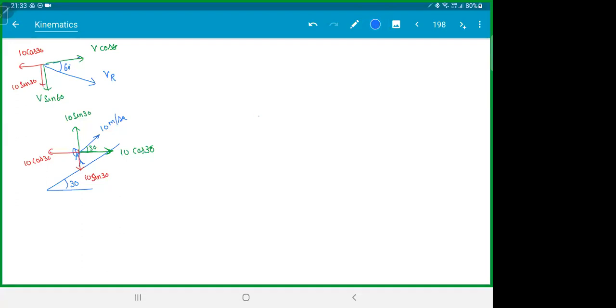So on AB, this person thinks, okay, I came to rest and the velocities will be V cos 60. This is 10 cos 30 and this would be V sin 60 plus 10 sin 30. Now he sees vertically.